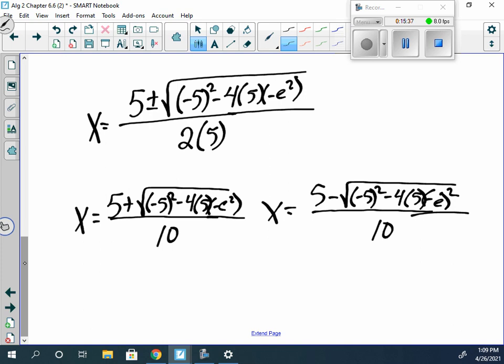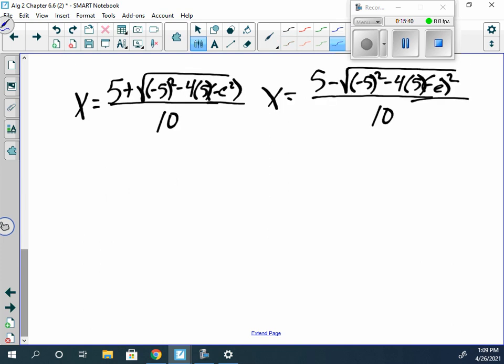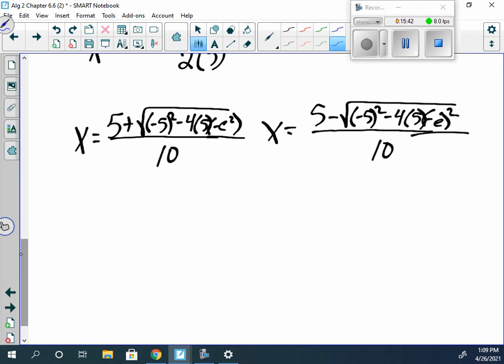So what we're going to end up doing is just typing these in. I split it up into our 2 cases, our plus and minus. I made it into one case where it's positive, one case where it's negative. At this point, we can just type this all in the calculator. We don't have to simplify any of it. We can do 5 plus the square root of negative 5 squared minus 4 times 5 times negative e squared, all over 10.